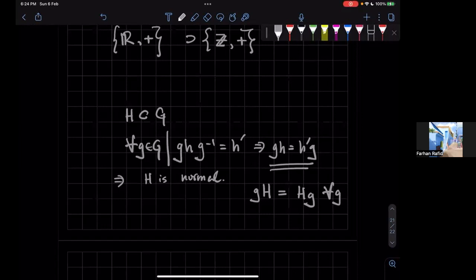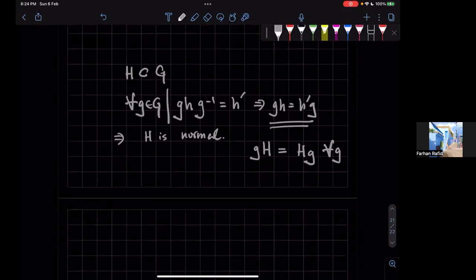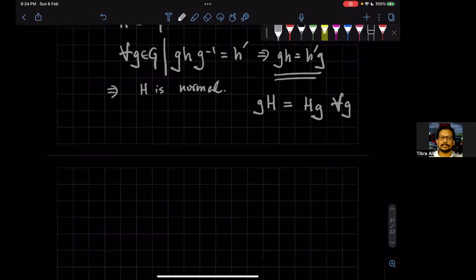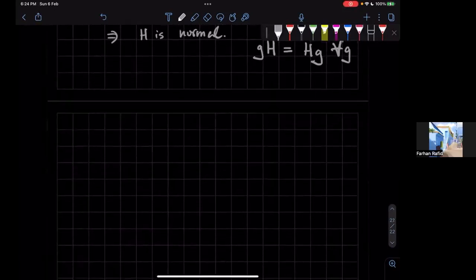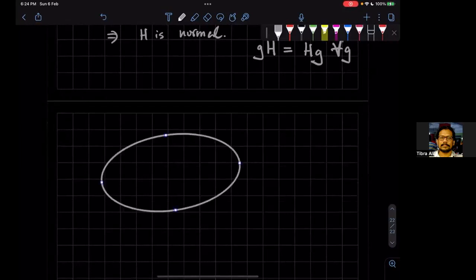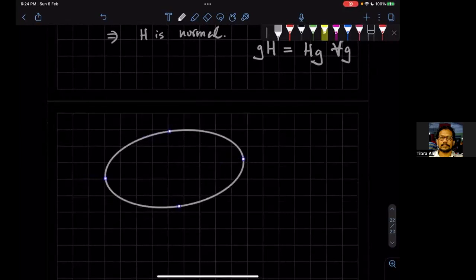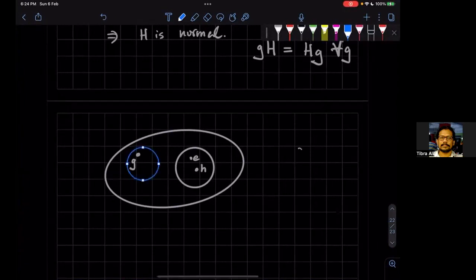So would you please explain this with an image or a diagram? Yeah, there are examples that I will give you at some point, but the idea is that you have a group and you have a subgroup. Suppose that you have some G here, and you have E, you have H, and you left multiply by this G. As you left multiply by G, you create this set.